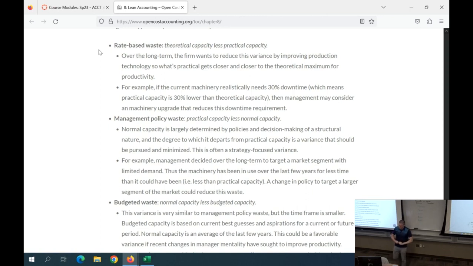So, for example, when the university sends out emails reminding you that, hey, or advertisements somewhere that say, hey, summer classes are great, you should take some summer classes. It's a policy that they've implemented to try to push you towards increasing your capacity by increasing the number of classes you take in the summer.